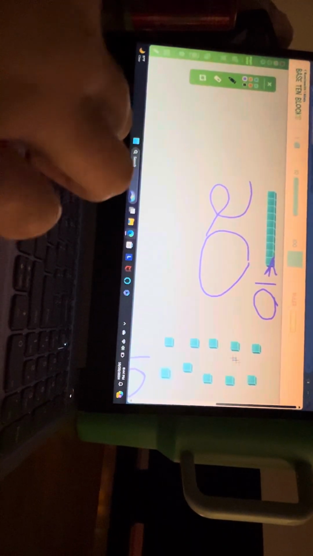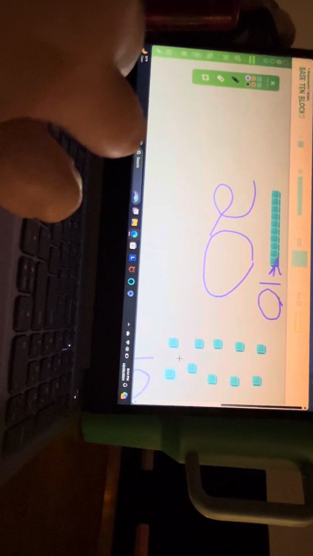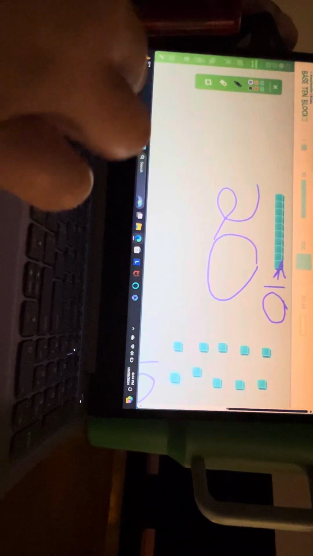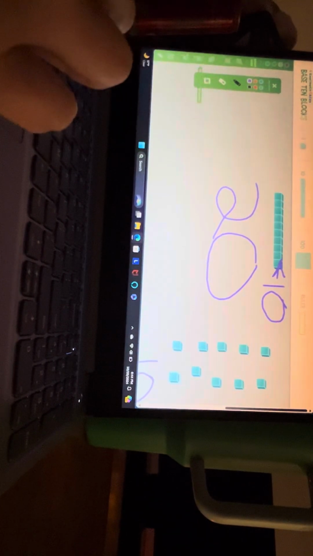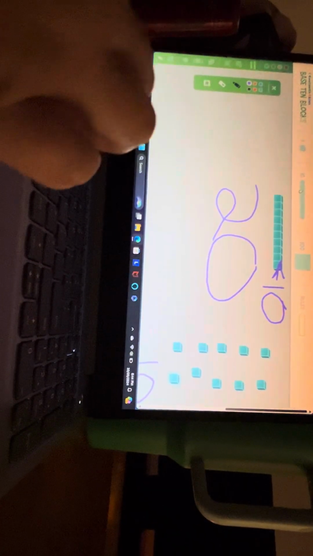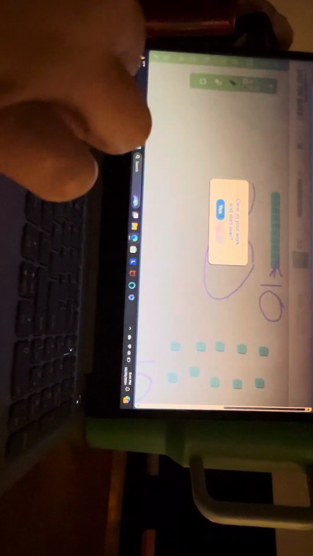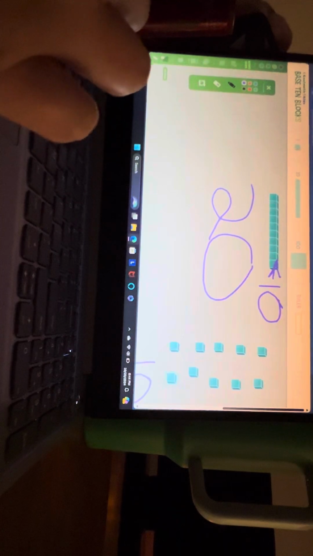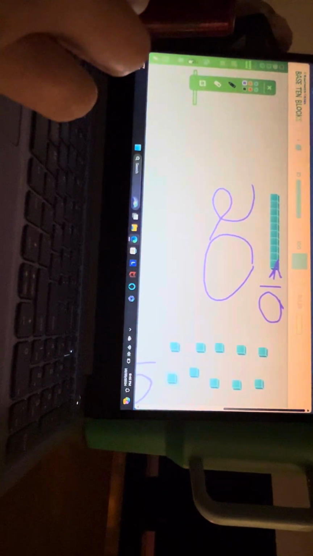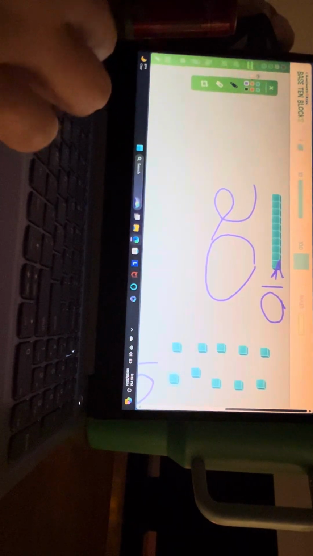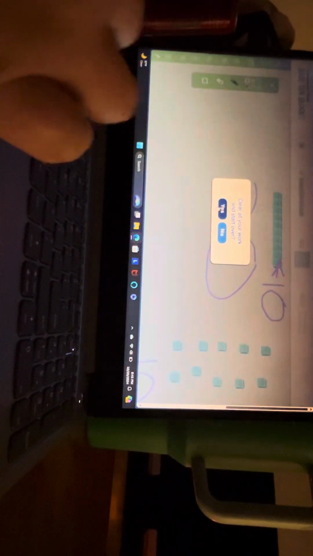So if you ever see that there are 10 individual blocks all by themselves, instead of just making them individual, we can go, okay, let's make them a tower instead. So as soon as I can get this pulled up here. So instead of just having them as individuals, let's make them a tower.